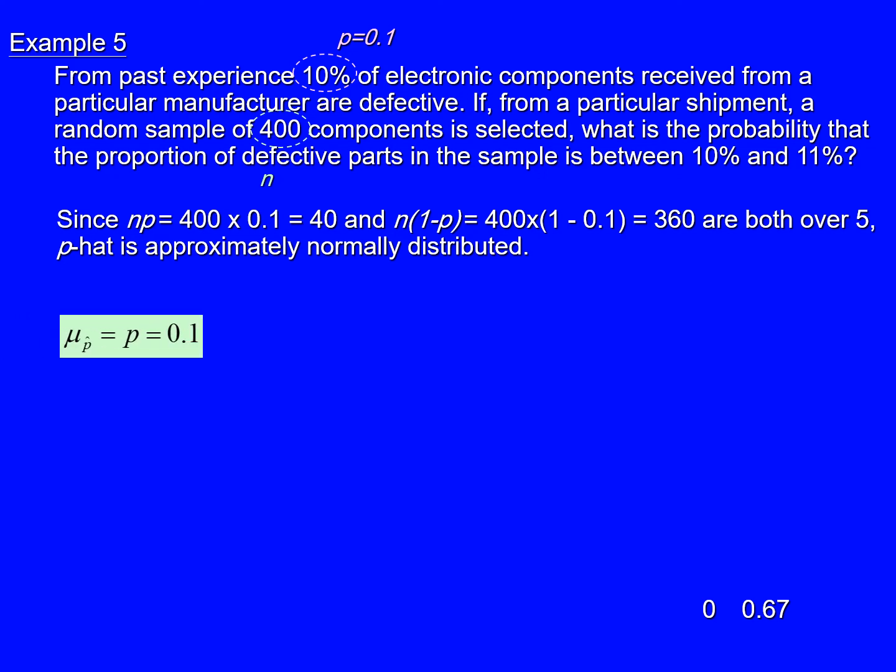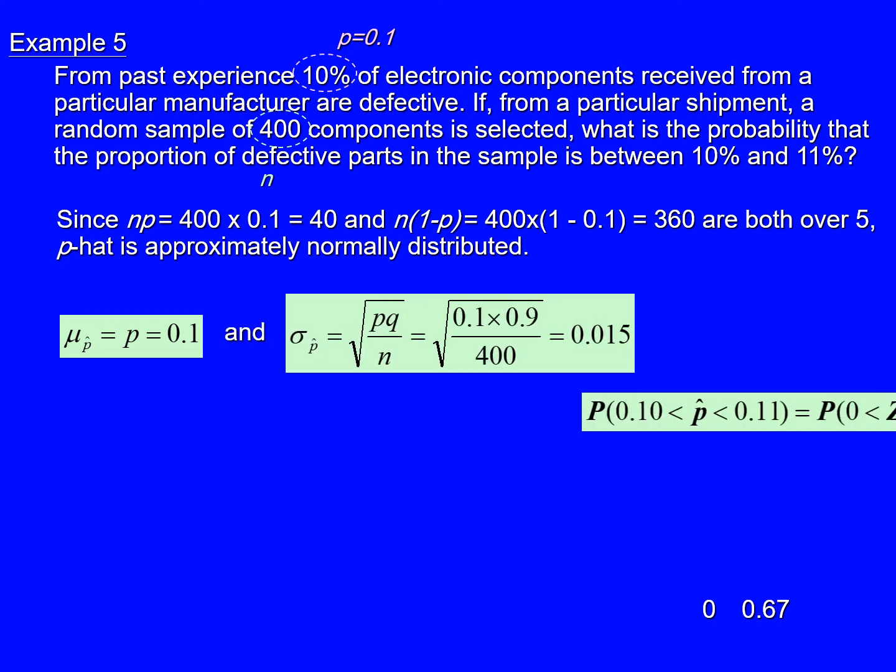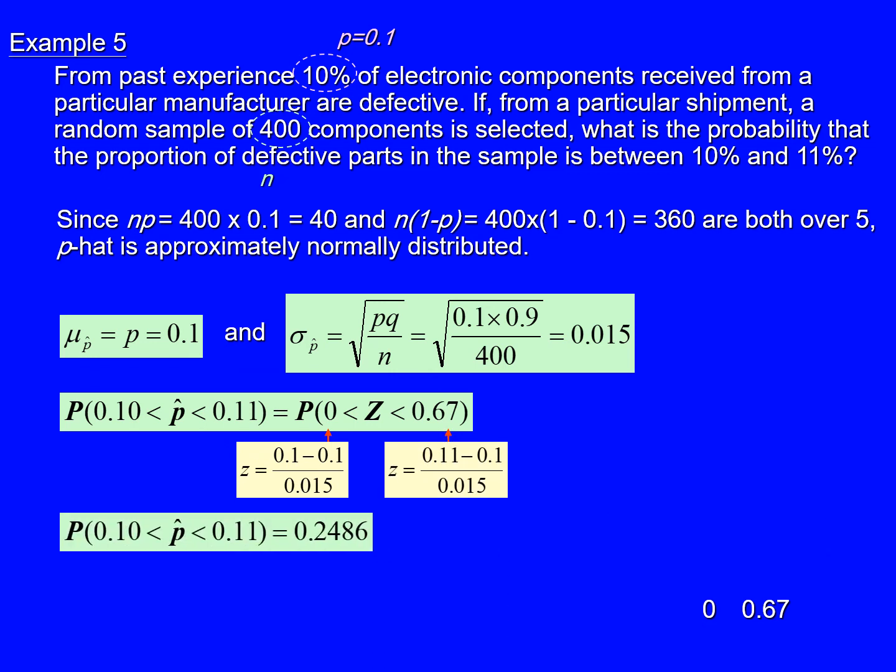And we have p equals 0.1. The standard error, sigma p hat, equals the square root of 0.1 times 1 minus 0.1, which is q, sometimes we call 1 minus p q, which is 0.9, over 400.